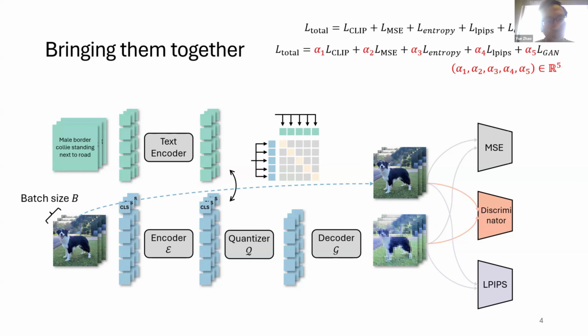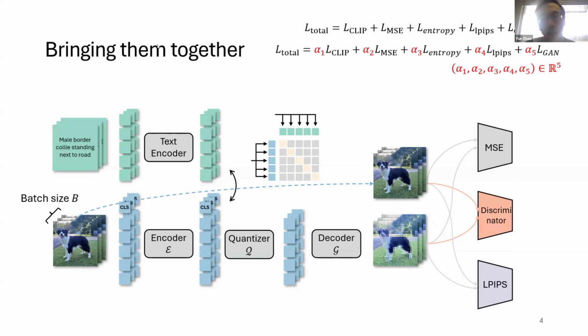We introduce a text encoder and a QLIP loss that aligns the text embedding together with the image embedding. In this case, we use a special classification token for each image so that, in the encoder, it can cross-attend to all the other visual embeddings in the image.